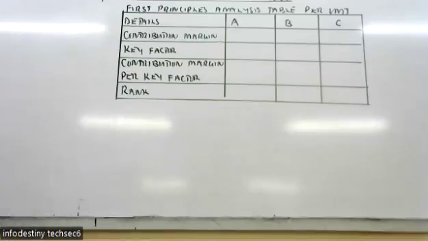So the contribution margin, we know it is price minus variable cost. All those costs are variable costs.